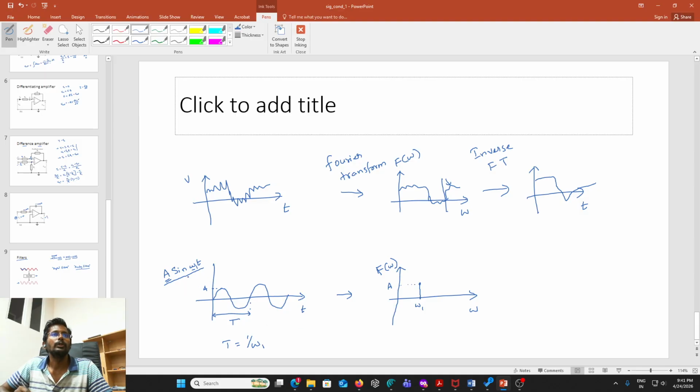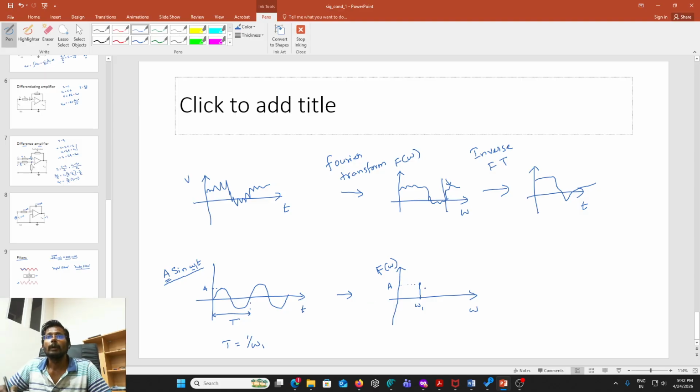So the Fourier transform of A sine omega 1t is just a spike at omega 1, and the height of that spike is A, which is the amplitude of the signal. If A is 1, then the height is 1, and if A is 3, then height is 3.